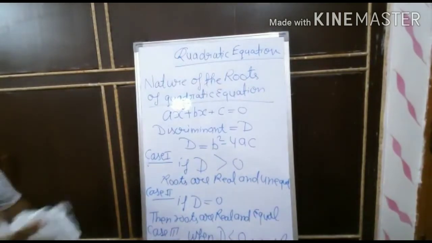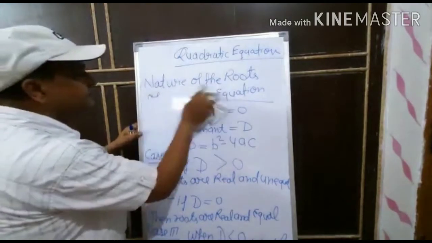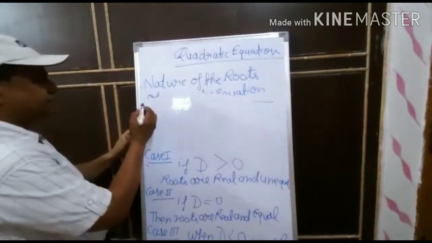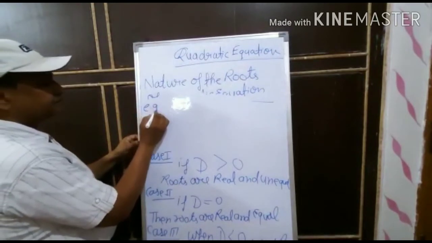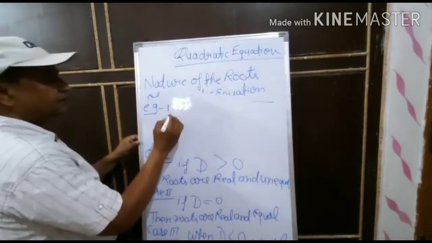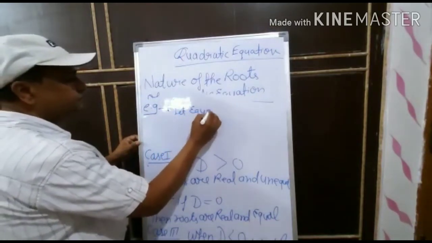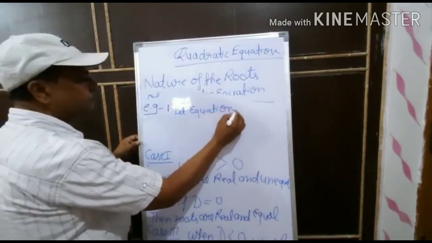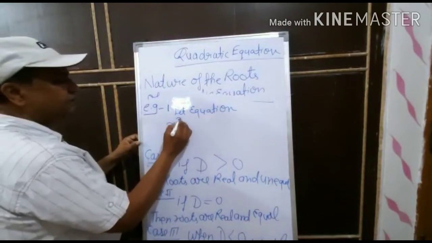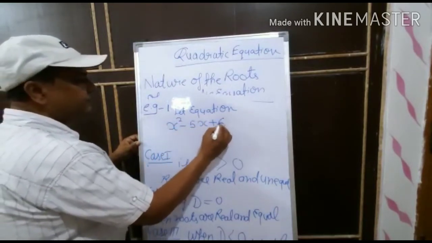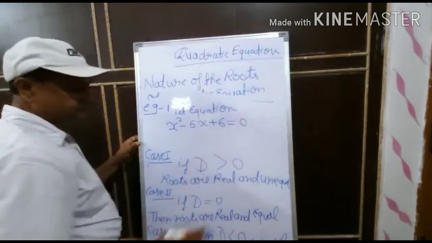For example, now we check some nature. Example number 1. Let the equation x square minus 5x plus 6 is equal to 0.